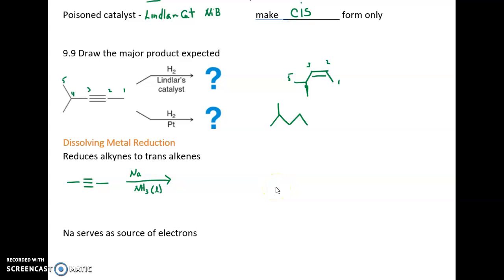If we take sodium and dissolve it in liquid ammonia, we find that we'll get 80% of the trans form. In this case, sodium is serving as a source of electrons.